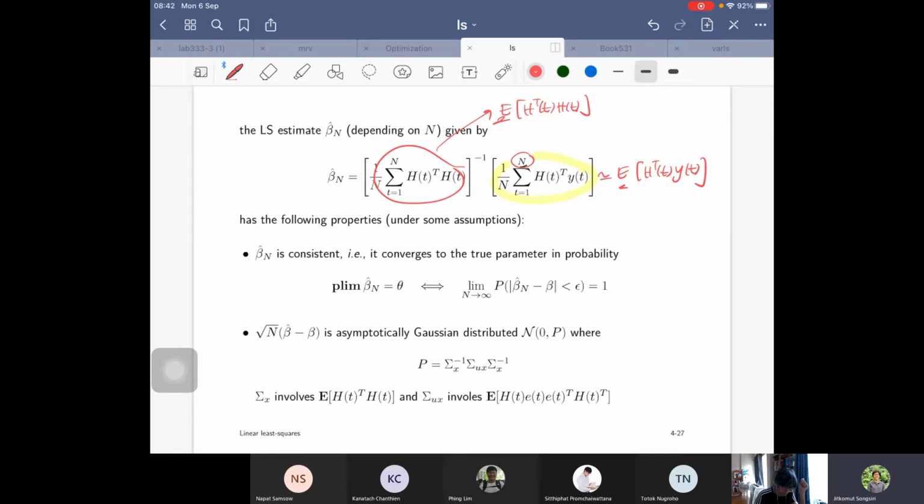Now, I'm giving you the final result that the least squares estimate beta n hat, under some assumptions that we will talk about shortly in the next slide, is consistent. Consistent is a property of an estimator that studies the limit of beta hat. This is called the p limit, a limit in probability.